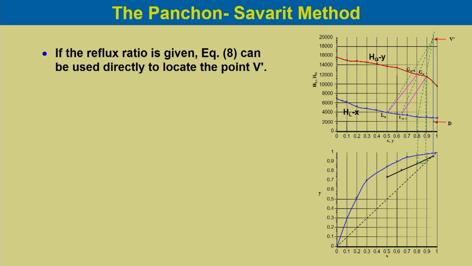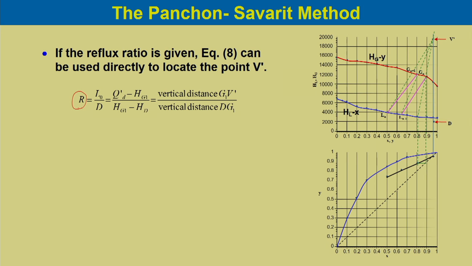If the reflux ratio is given, equation 8 can be used directly to locate the point V dash. So, these are the equations we have derived, and the reflux ratio, that is R, is given.